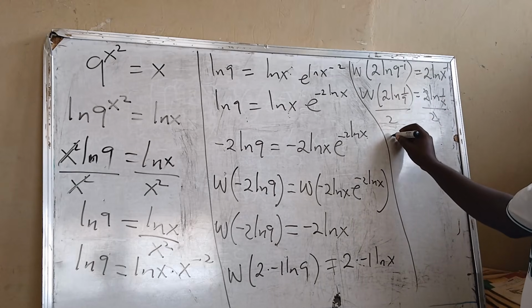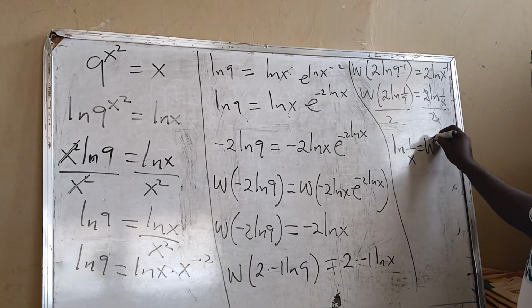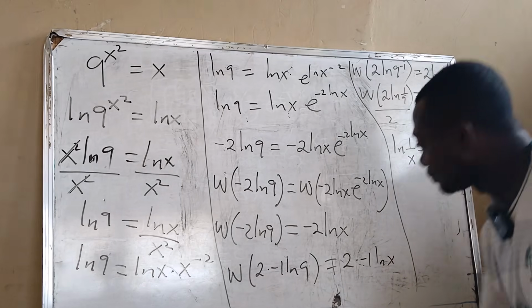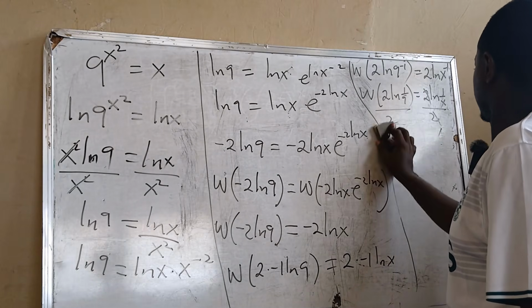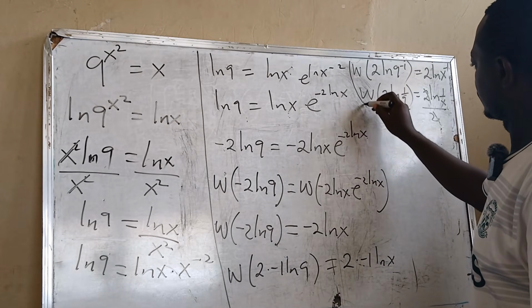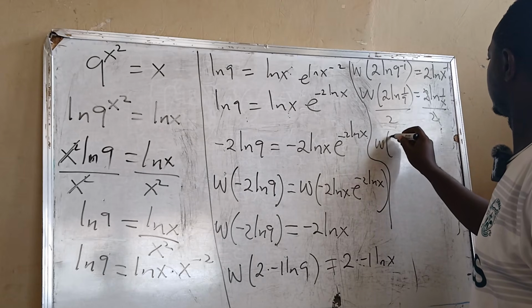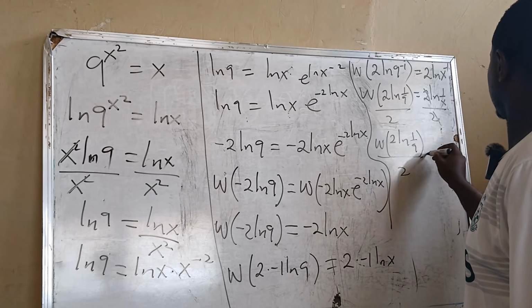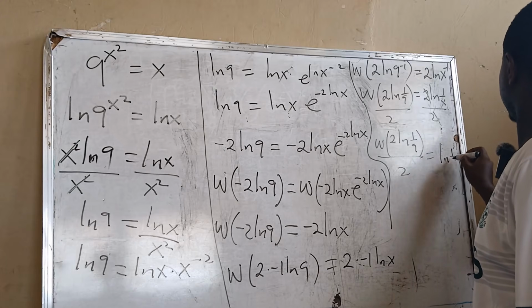So we have the W function of ln of 1 over 9 over 2 equals ln of 1 over x.